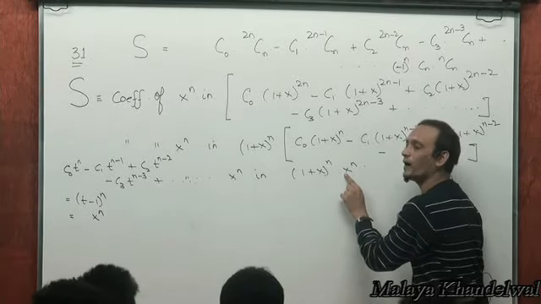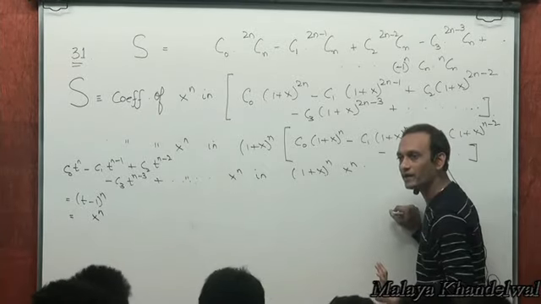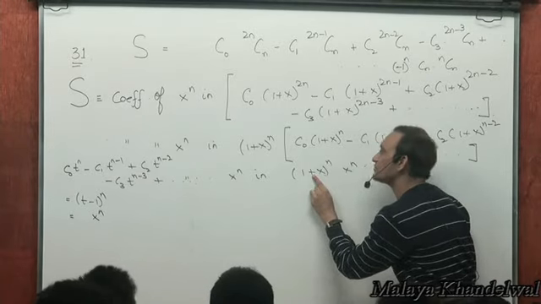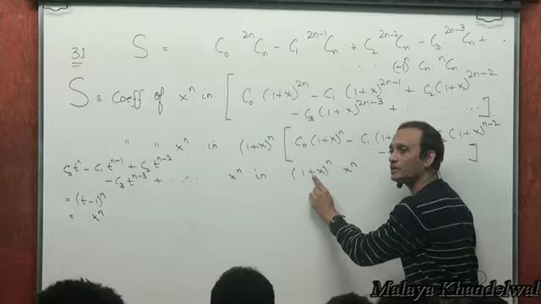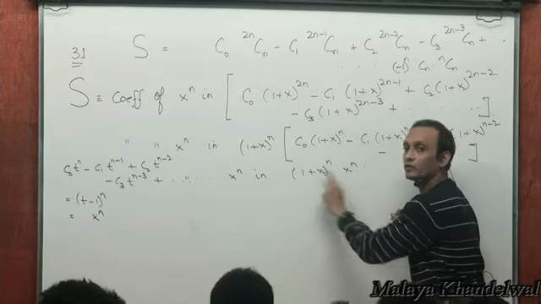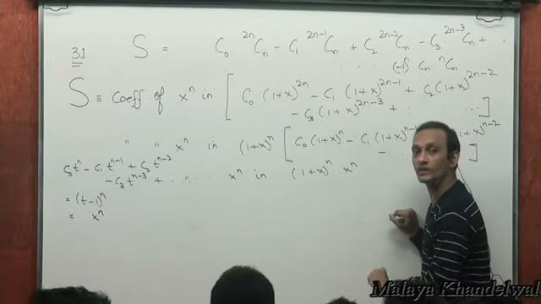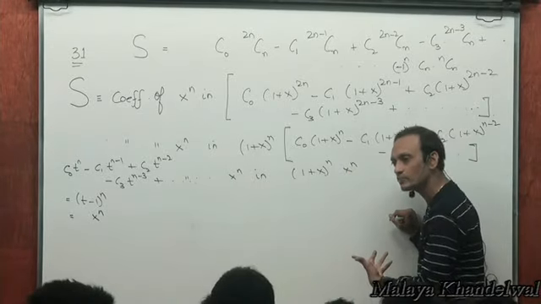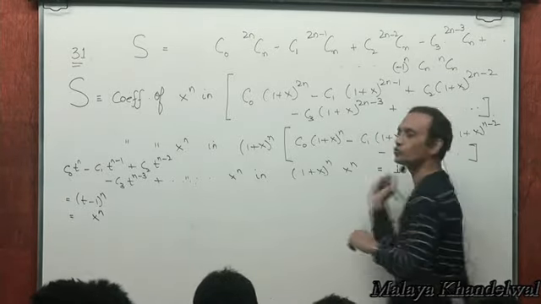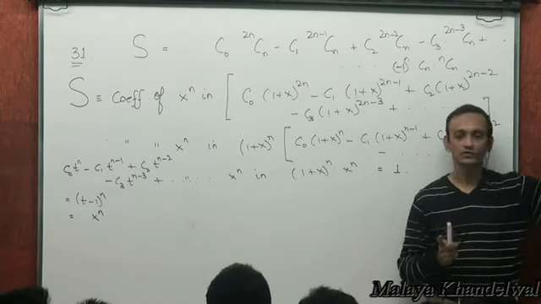The next term, nC1 x into x^n, will be nC1 x^(n+1). No, useless. So the first term alone, this is going to be just 1. How about it?